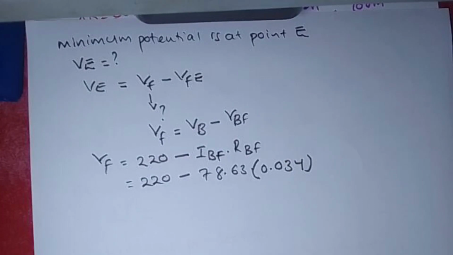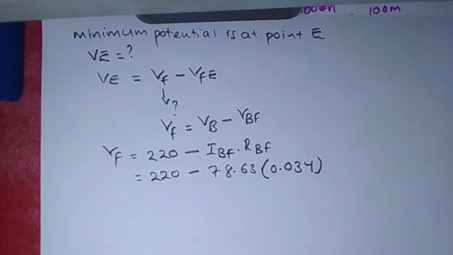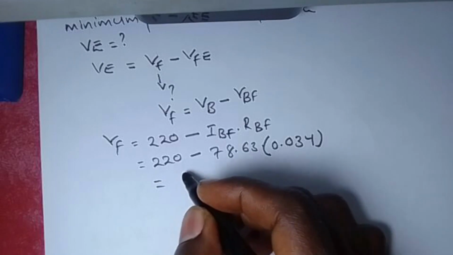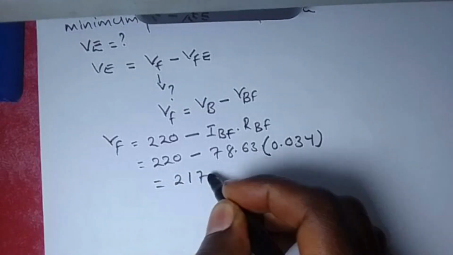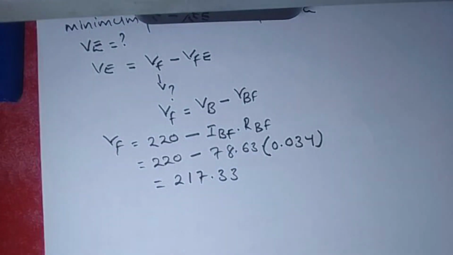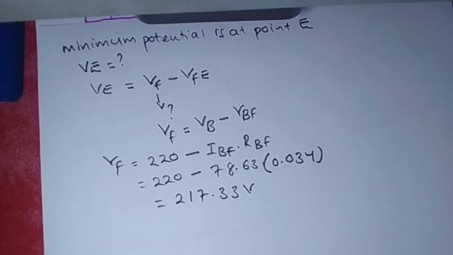When you press that into the calculator, 220 minus 78.63 times 0.034, it gives me 217.326, which can be written as 217.33 volts. That is the voltage at F.